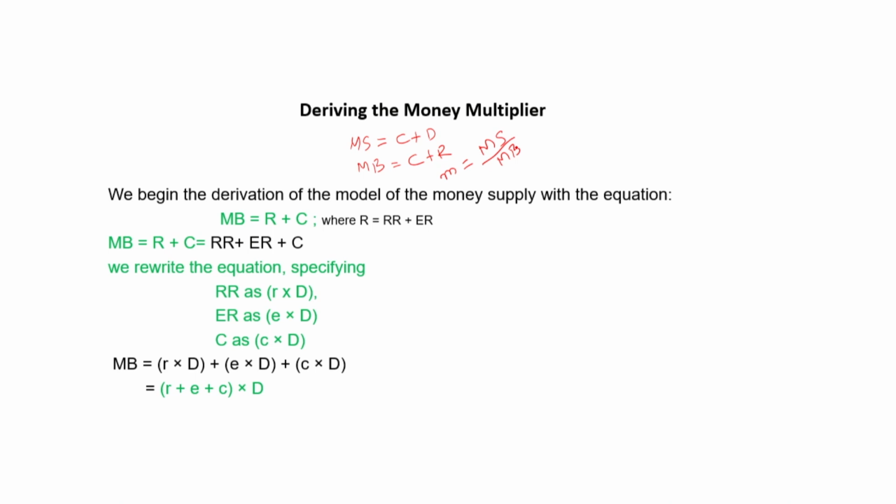Then for MB, which means C plus R, you need to elaborate R as RR plus ER. So rewriting this, you can rewrite MB in this way, because we already have the equations specifying RR, ER and C in this format. Finally, the monetary base can be rewritten as the sum of all these ratios times D.